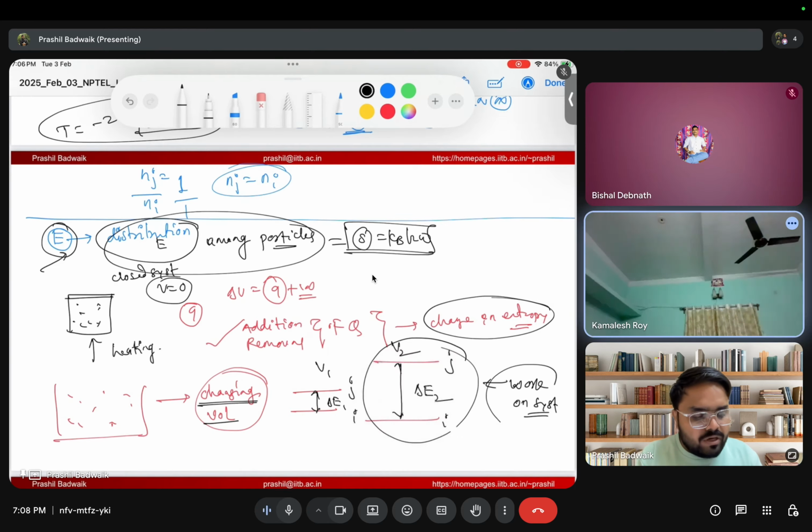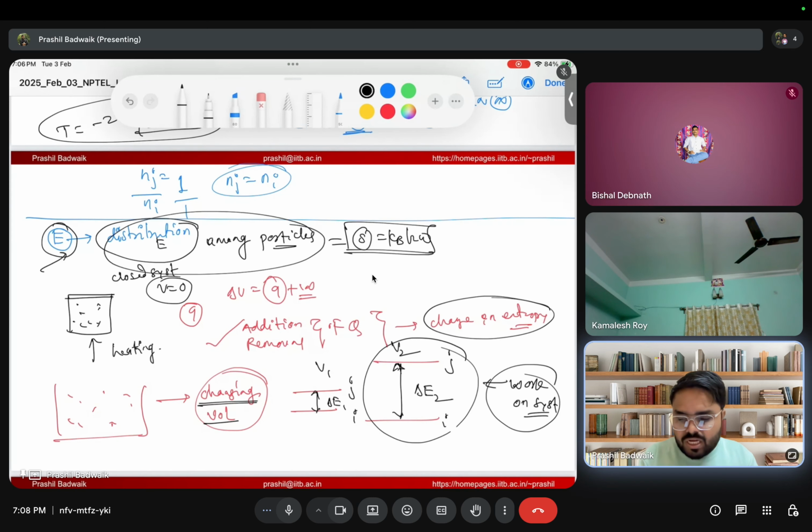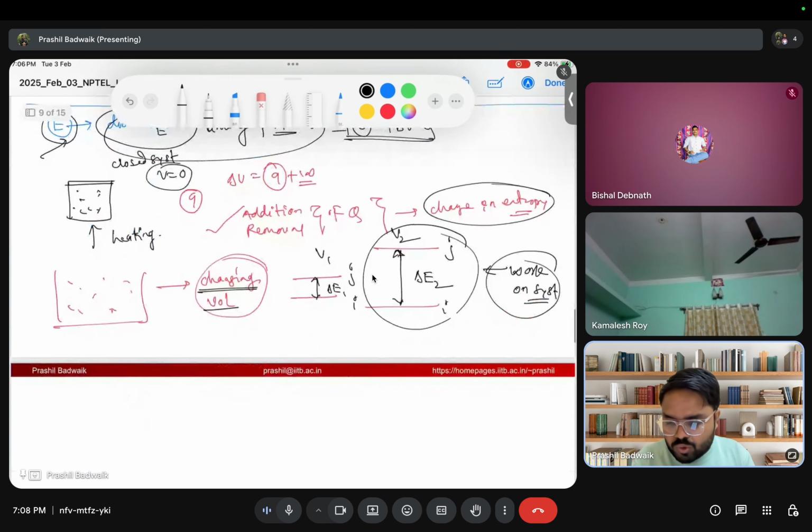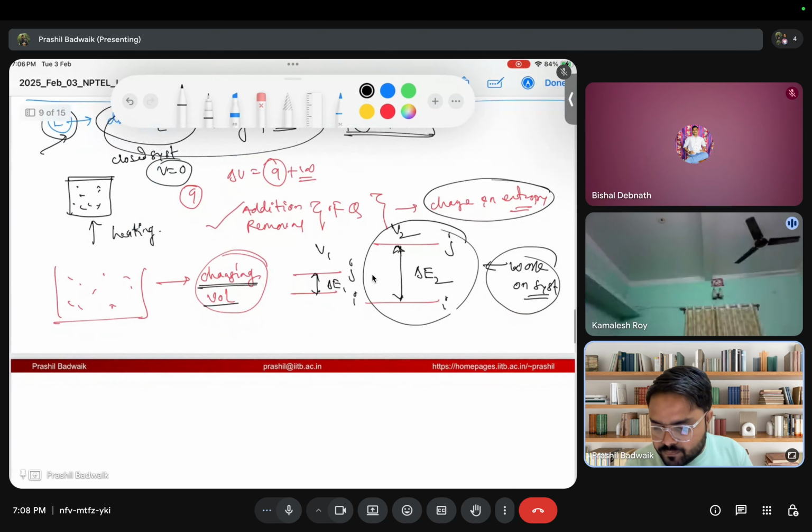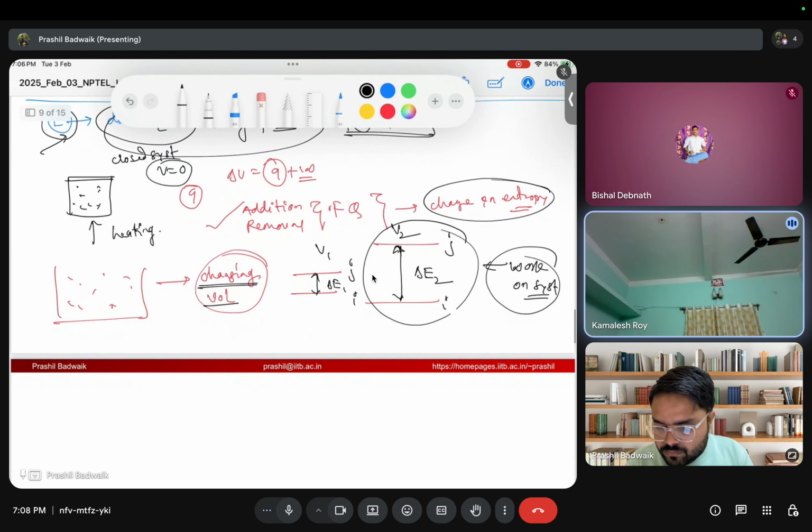And if I do the work, that means the energy difference between the energy levels changes. And if the difference between energy levels changes, that corresponds to work. Correct? So that's what we saw.